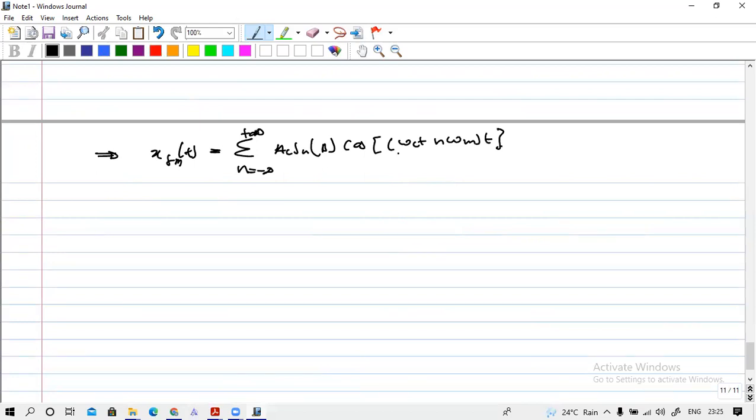You can consider this as ω0. Then you will have the frequency spectrum, which I will draw with respect to f, not with respect to ω.